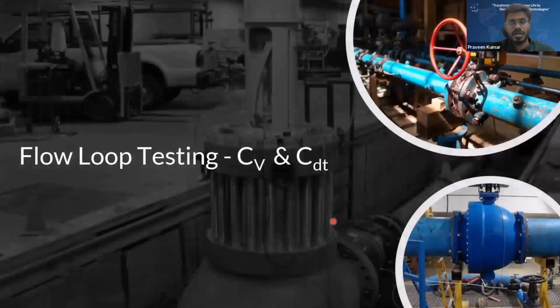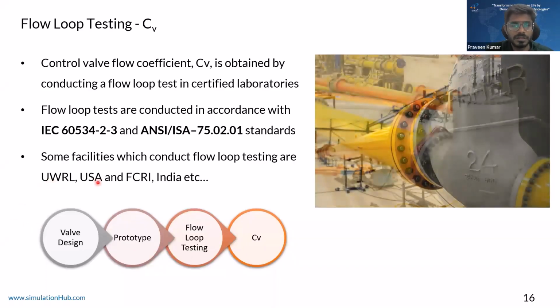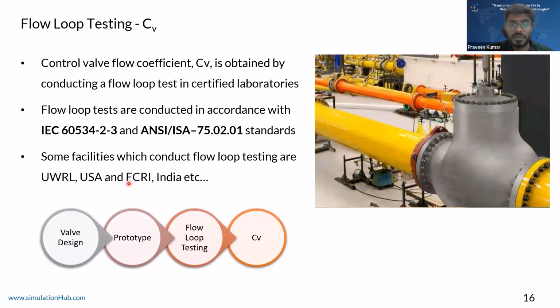Okay, now we have the necessary basic fundamentals covered. We have introduced CV and CDT. Now, how do we get the CV and CDT? There are certified labs which perform this flow loop testing, labs like Utah Laboratory in USA and FCRA in India.